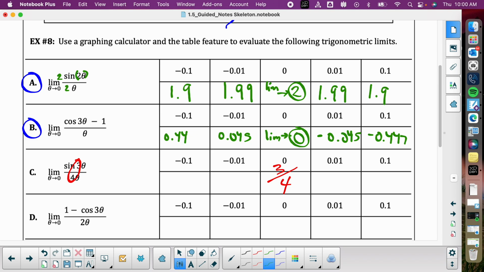One of our limit properties is we can choose when to multiply the multiplier. So I am going to choose to do the 2 on the top afterwards. And so this would say sine of 2 theta over 2 theta.